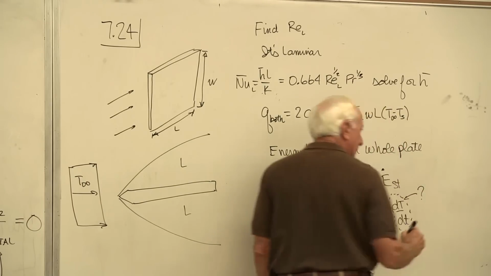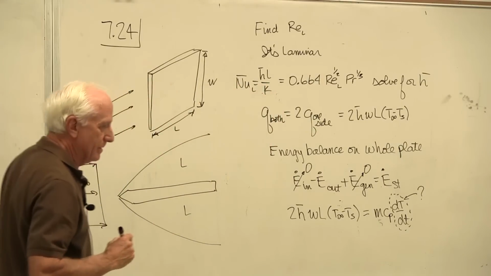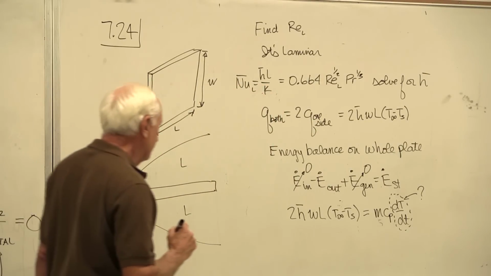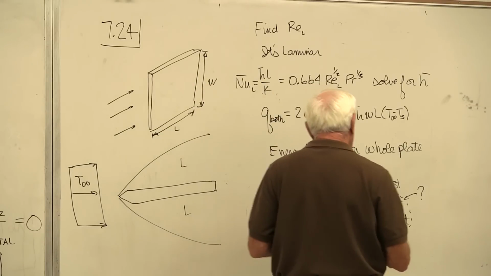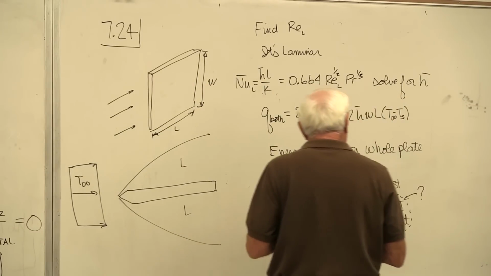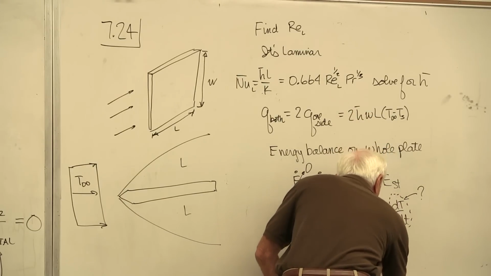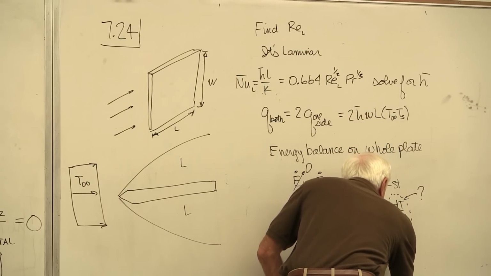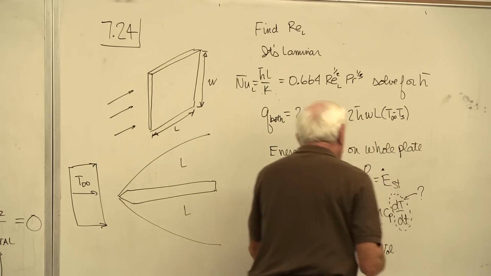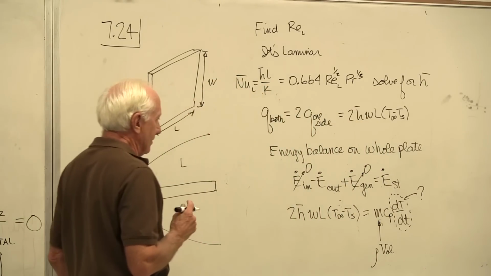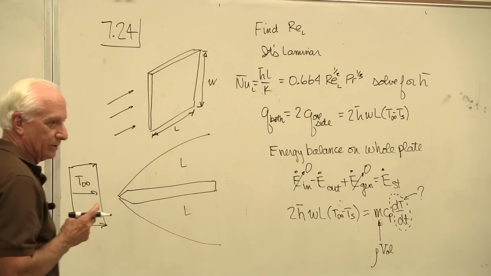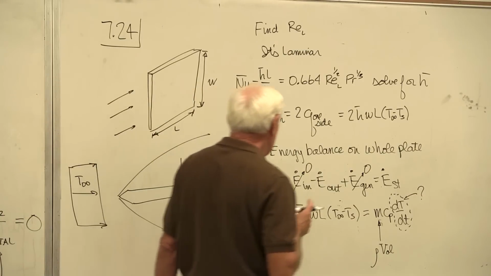That's what I'm supposed to find. How does the temperature vary with time? Okay, what is the mass? The density times the volume. Do I know the density? Yeah, I know the density. It's in the back of the book for steel. Okay, got it.